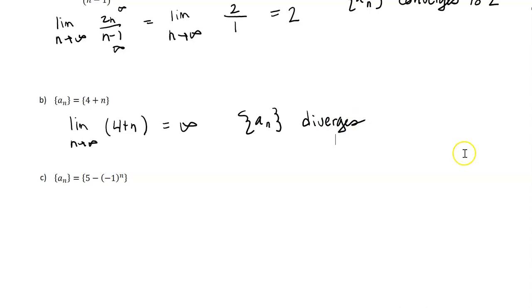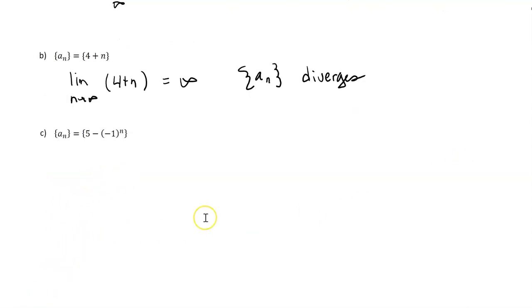This one is interesting. Here we've got a sub n equals 5 minus negative 1 to the nth power. So as n approaches infinity, what happens to this negative 1 to the nth power? It's kind of hard to say because, depending on what you plug into that power, it could be even or odd. It could make that number positive or negative. So you might want to look at some terms. So I might look at a sub 1, which would be 5 minus negative 1 to the first power, or 6.